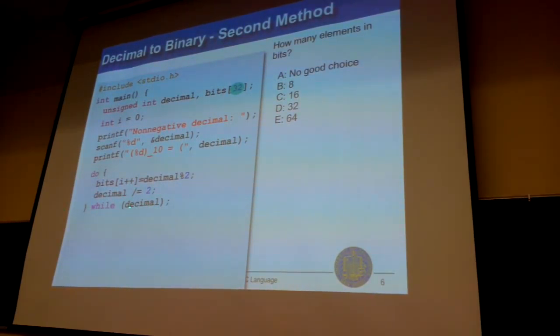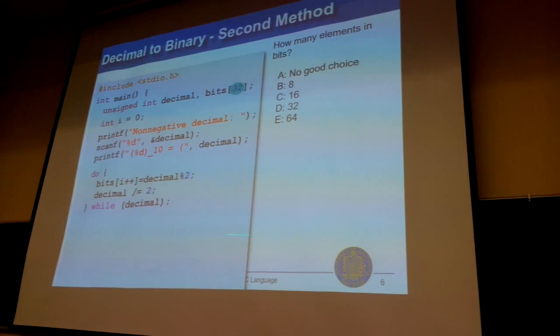If it's non-zero, then this will be interpreted as true, and we'll keep looping. That means there's still more bits that need to be represented. If it's equal to 0, then we fully represented the number with I bits. And so we can go ahead and continue the program. Is that clear? Any questions?